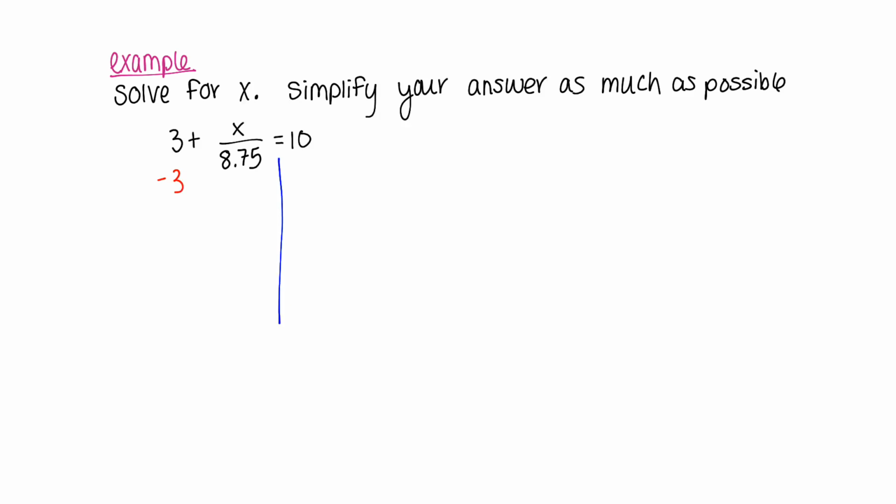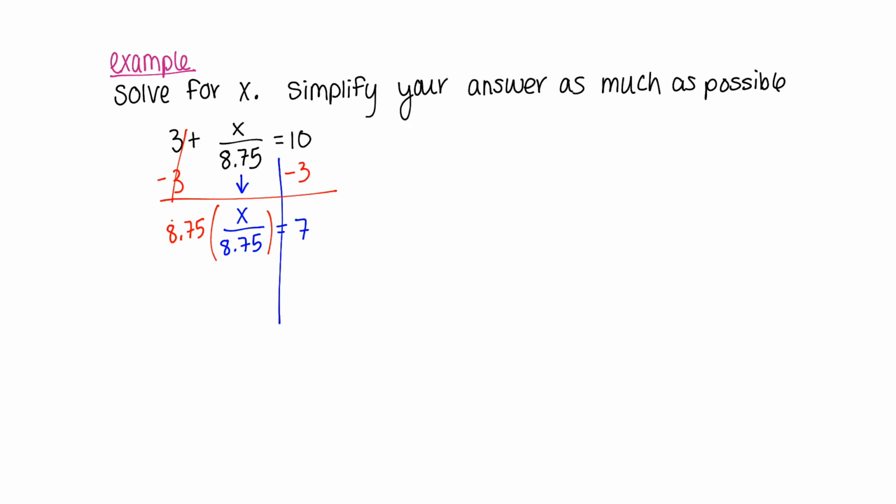I'm going to take care of that 3 first by subtracting 3 on both sides of the equals. That's why I put my wall there, so that you can see where that equal sign is and you make sure you're doing it to both sides. This x over 8.75 is going to come straight down. This is equal to 10 minus 3 gives me 7. To get x by itself, much like in the last problem, we are multiplying by 8.75.